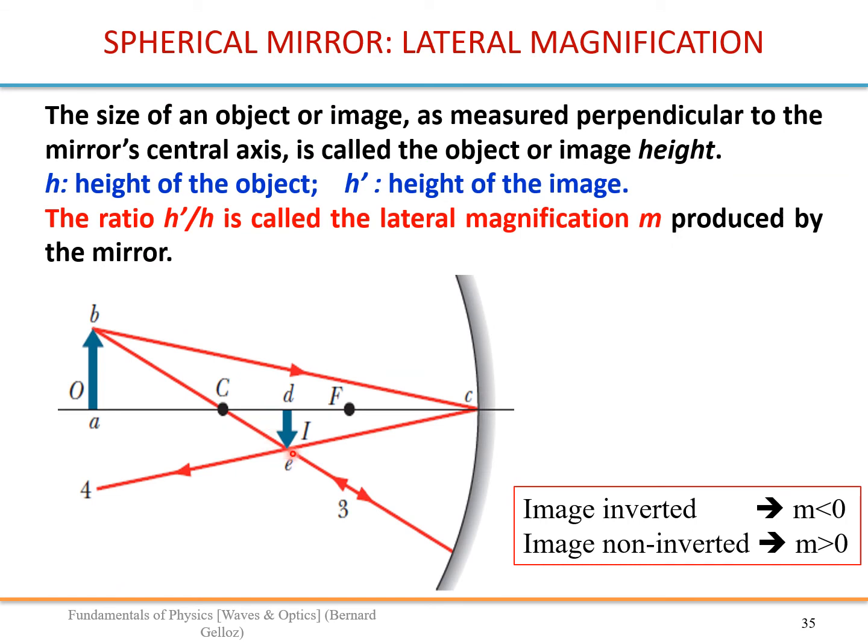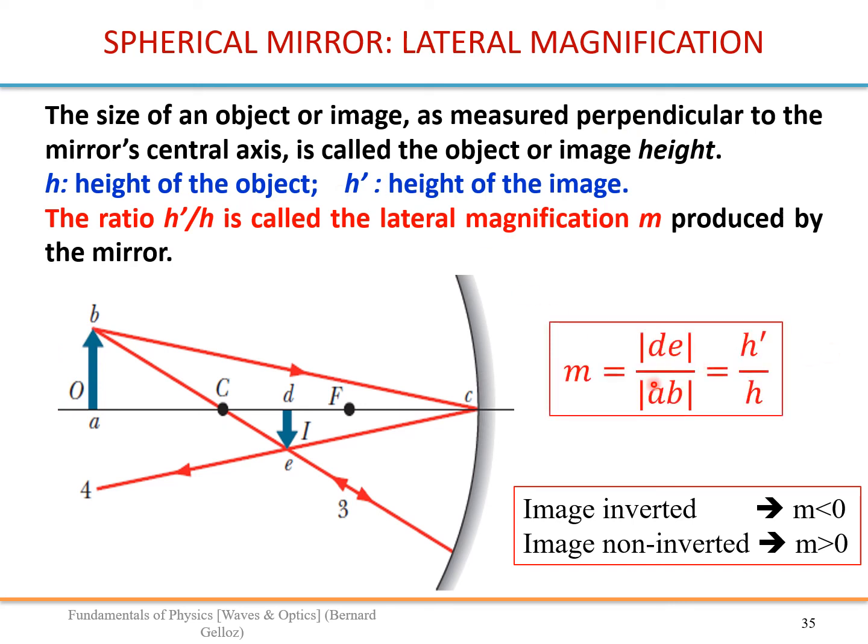So we have seen that in general, the size of the image here is different from the size of the object. And also it might be inverted, like in this case, or non-inverted. So we define a variable to represent this fact. It's called the magnification, the lateral magnification M. So we compare the height of the image and the height of the object.